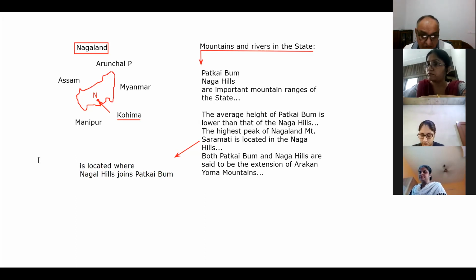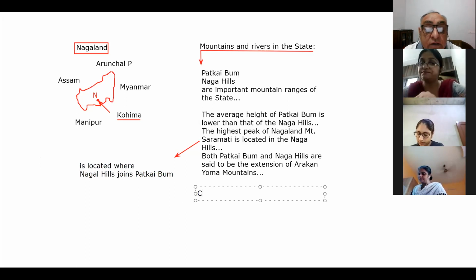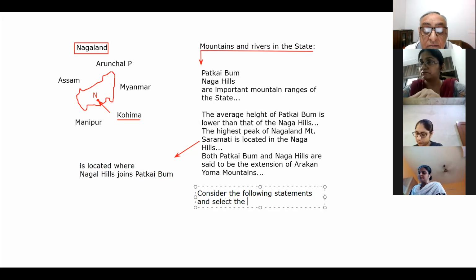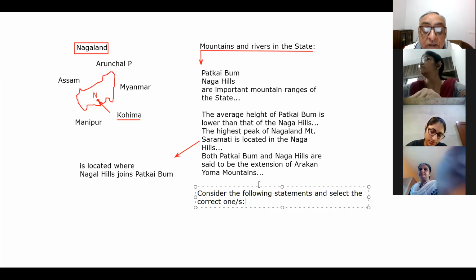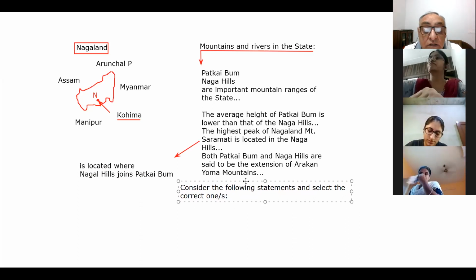Now, the question which can be asked to you: consider the following statements and select the correct one. Such a type of question can be there in the examination.